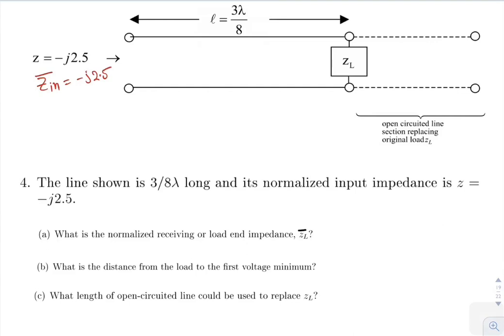This input impedance I can write as the normalized impedance at a distance of L equal to 3 lambda by 8 from the load, that is equal to minus j 2.5. Now let us represent this impedance first on the Smith chart.